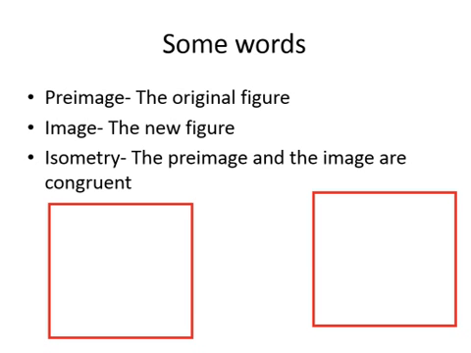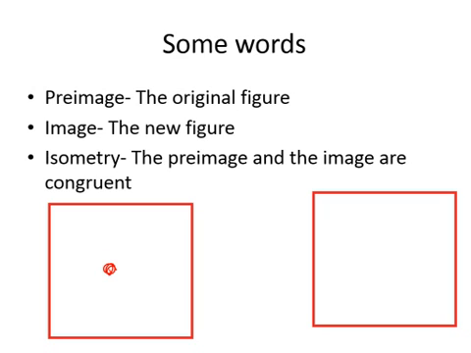So, some words that we're going to be using throughout this whole chapter are pre-image, image, and isometry. Pre-image is always your original image. So if I have an object that I start with, if this right here is my first image, the first object I started with, that would be called my pre-image.